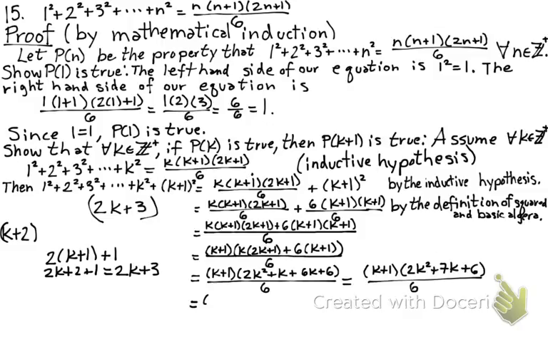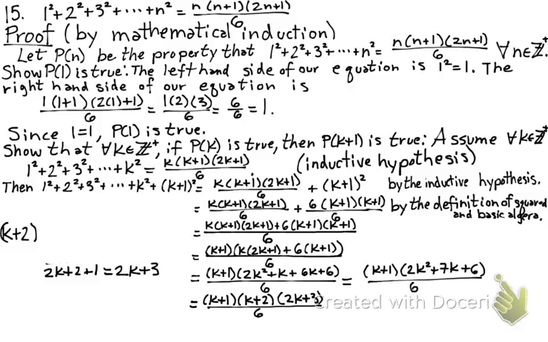Okay, so this is k plus 1 times k plus 2 times 2k plus 3, and this is over 6. This is still by basic algebra. And I'm going to erase this because it really shouldn't be over here. I was using it as scratch paper.